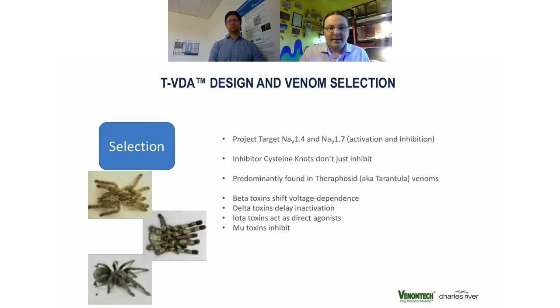So with our selection process, the key thing for us is that chemical diversity. It is ultimately generating a chemical library, and therefore we need the right hits to be drug-like and also act on the targets that we're looking at. Picking spiders that we know cause spastic muscle contractions on envenomation gives us a good idea about Nav1.4 activation.